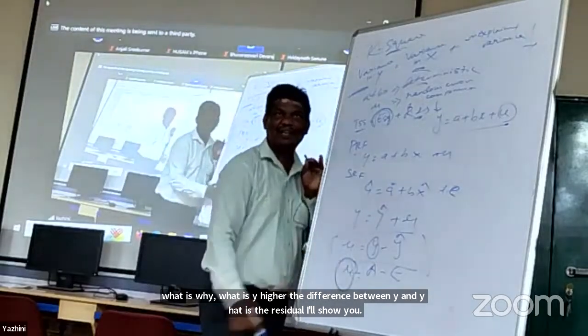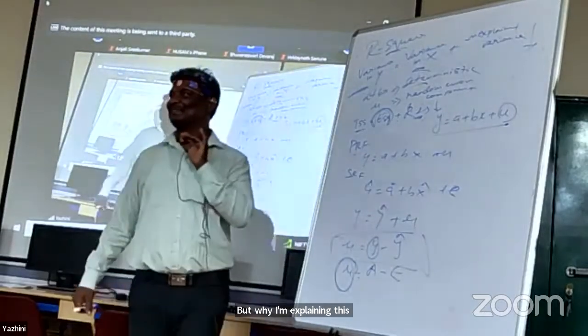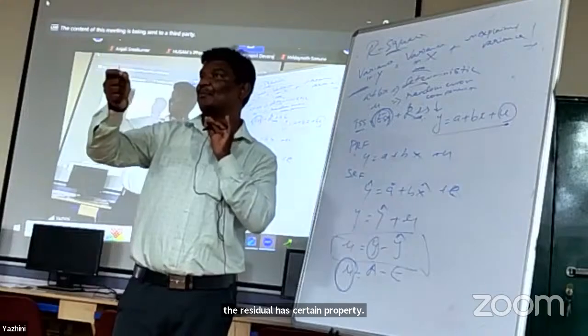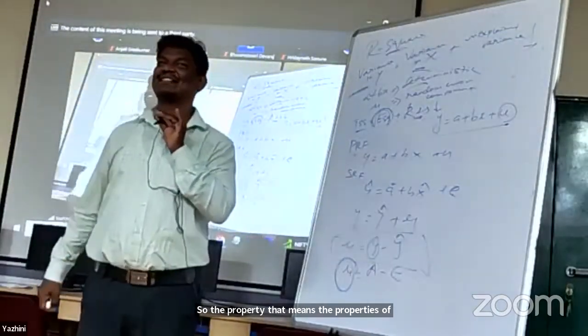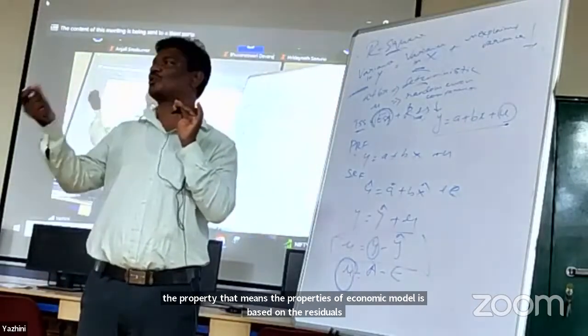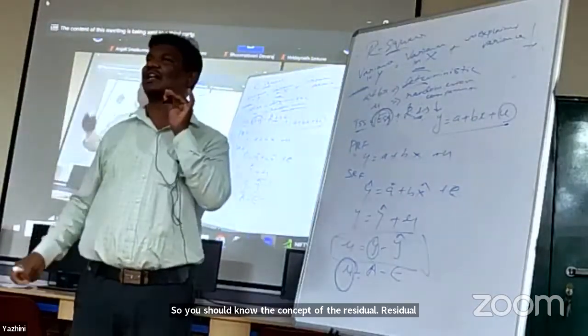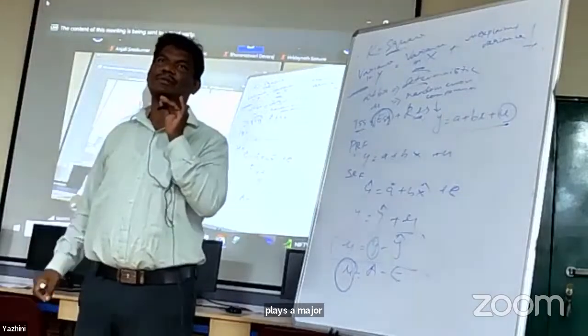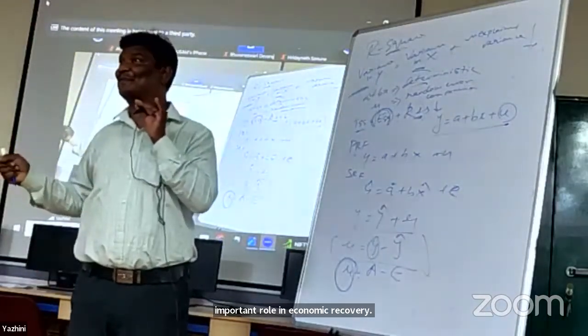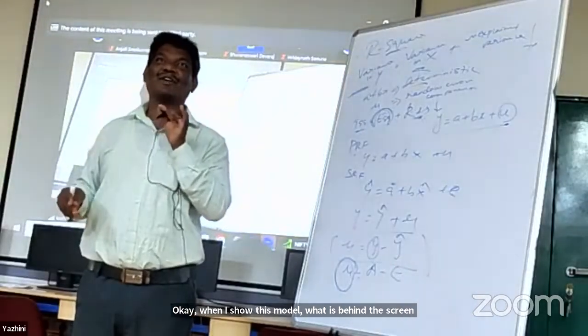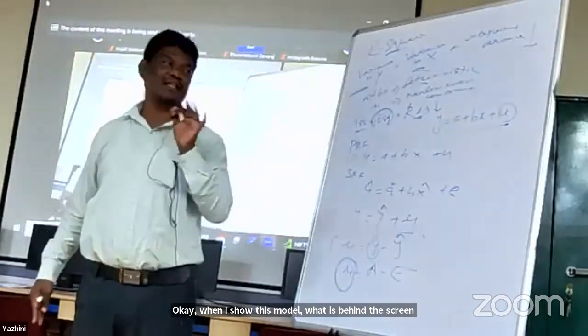The residual has certain properties. The properties of an econometric model are based on the residuals, so you should know the concept of the residual. Residual plays a major role in an econometric model. When I show this model, you can understand clearly what I have explained. Okay, let it be this.